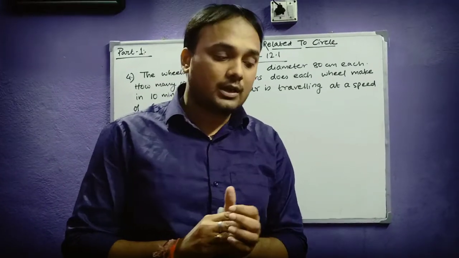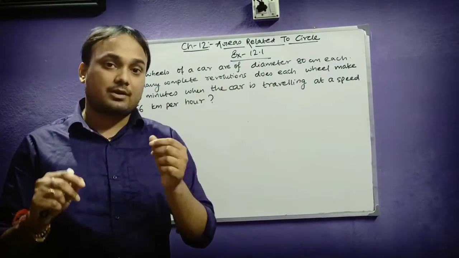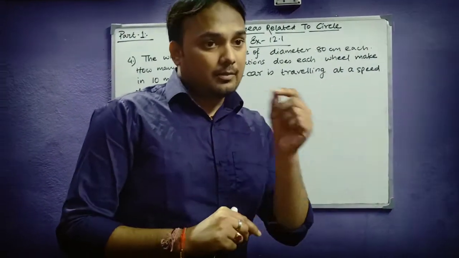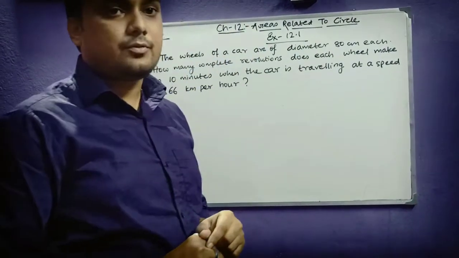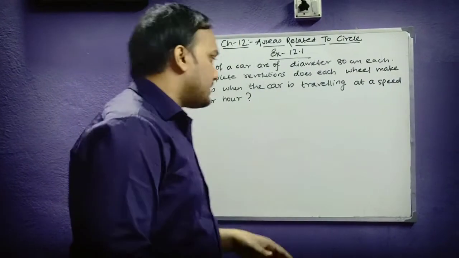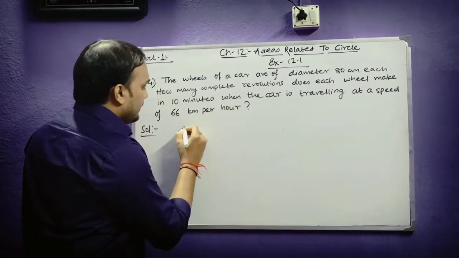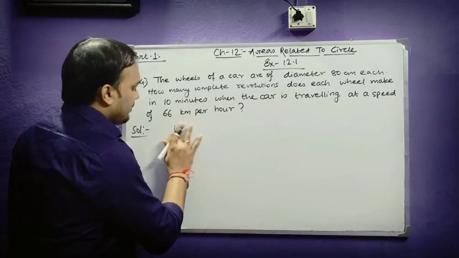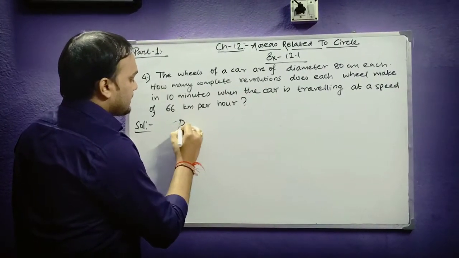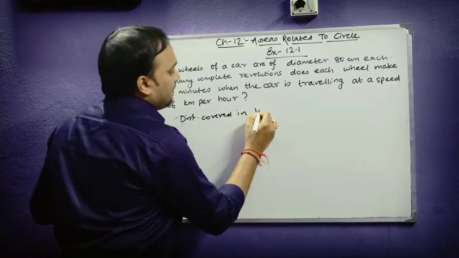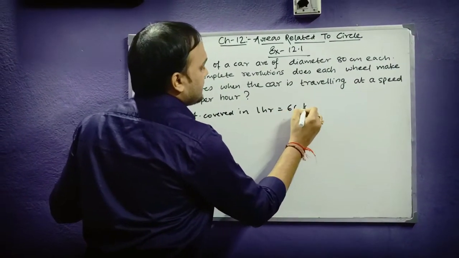So first of all, we need to find the total distance covered by the car in 10 minutes, as we are asked to find the number of revolutions in 10 minutes. So we will be doing the sums with respect to 10 minutes. Here it is given the speed is 66 km per hour. So we can write like this: distance covered in 1 hour is 66 km.